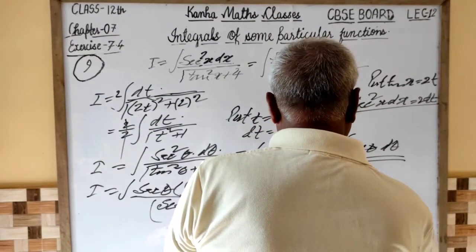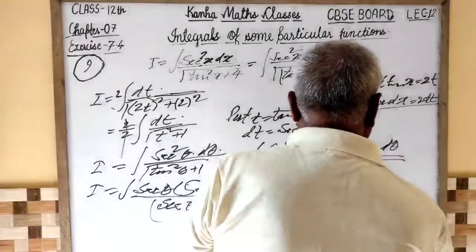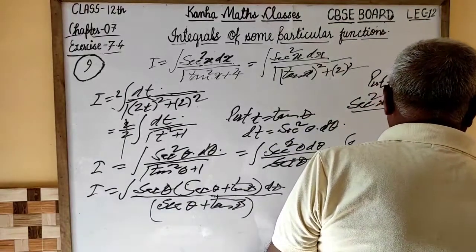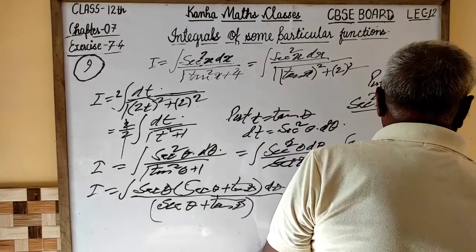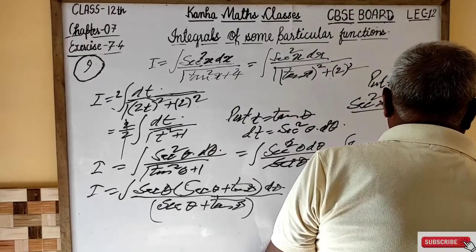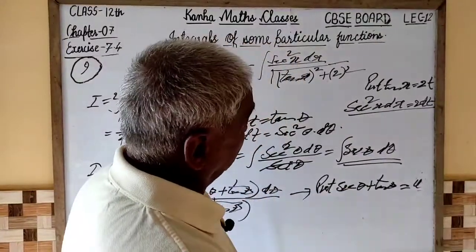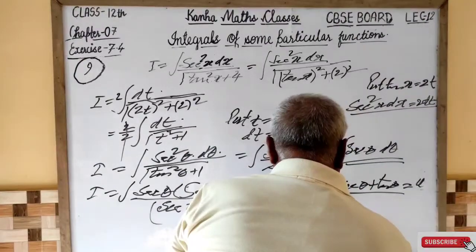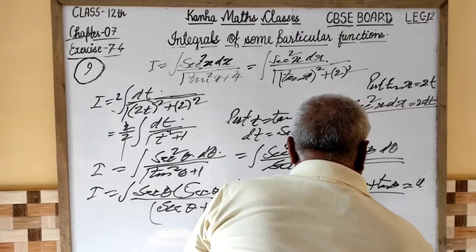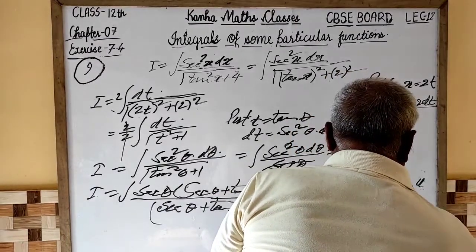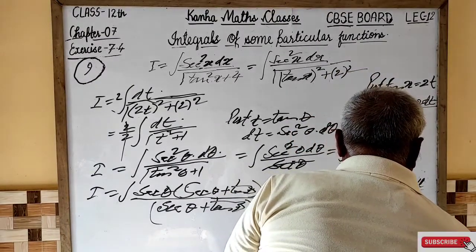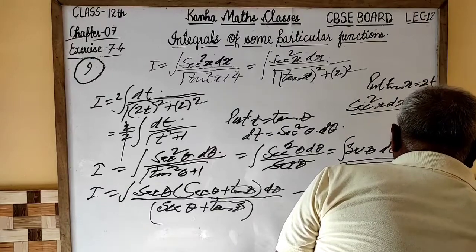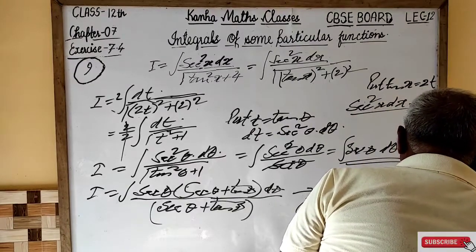Put again sec theta plus tan theta is equal to u, then taking the derivative of both sides: derivative of sec theta is sec theta tan theta, and of tan theta is sec square theta, d theta is equal to du.